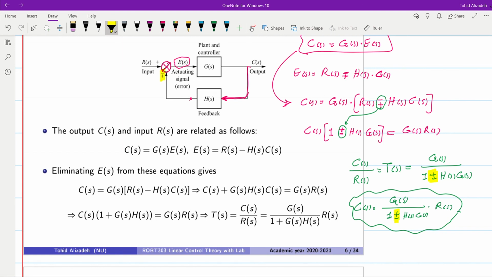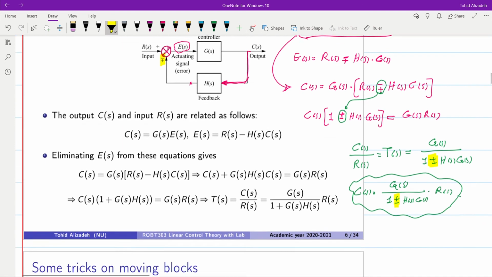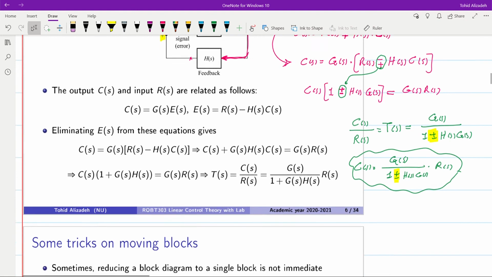If you have a negative sign in the feedback pass, we will have plus sign in the denominator and vice versa. So in this way, you can combine the blocks which are connected to each other in the form of a feedback loop, and then obtain the transfer function for the whole system.